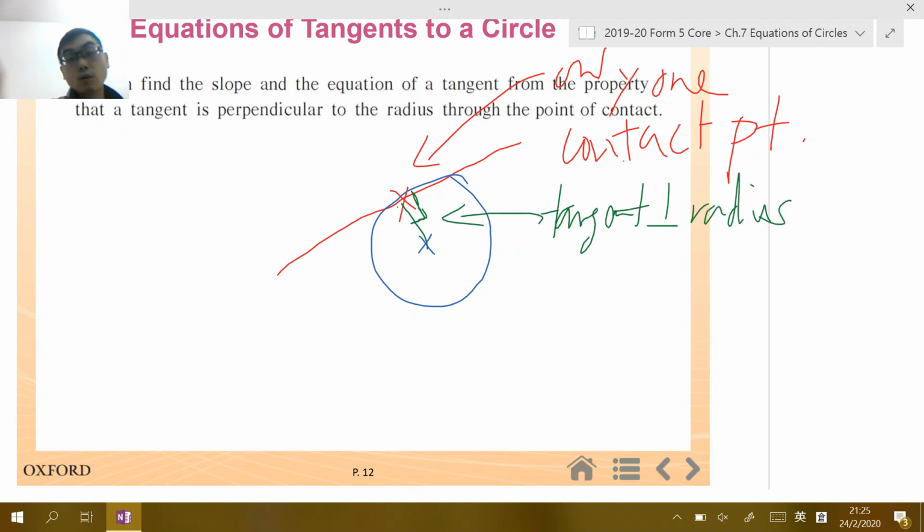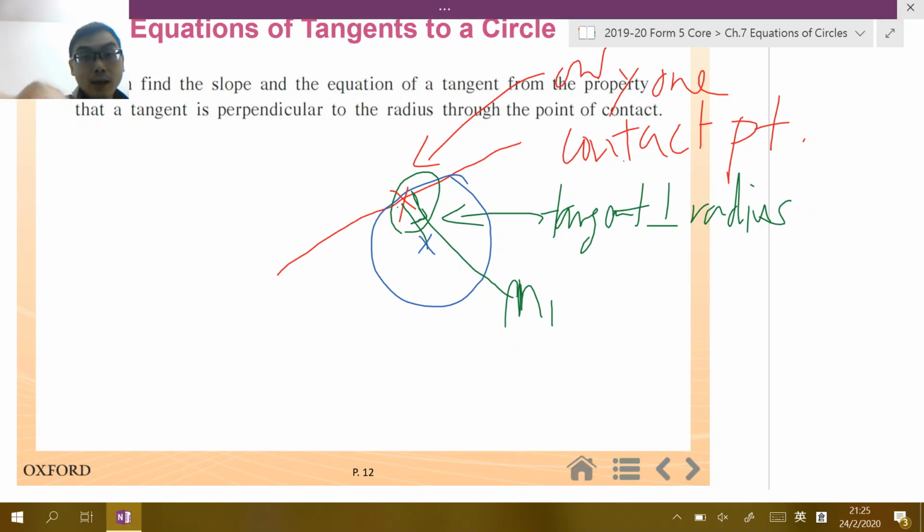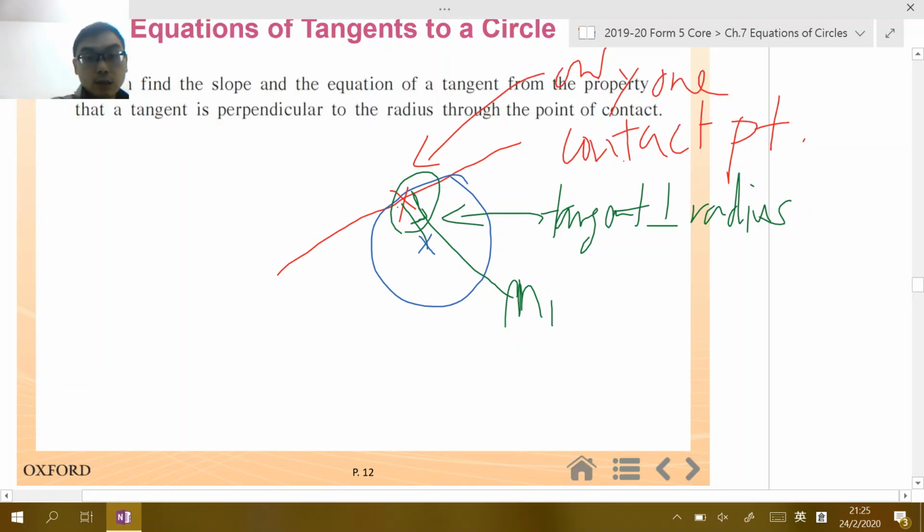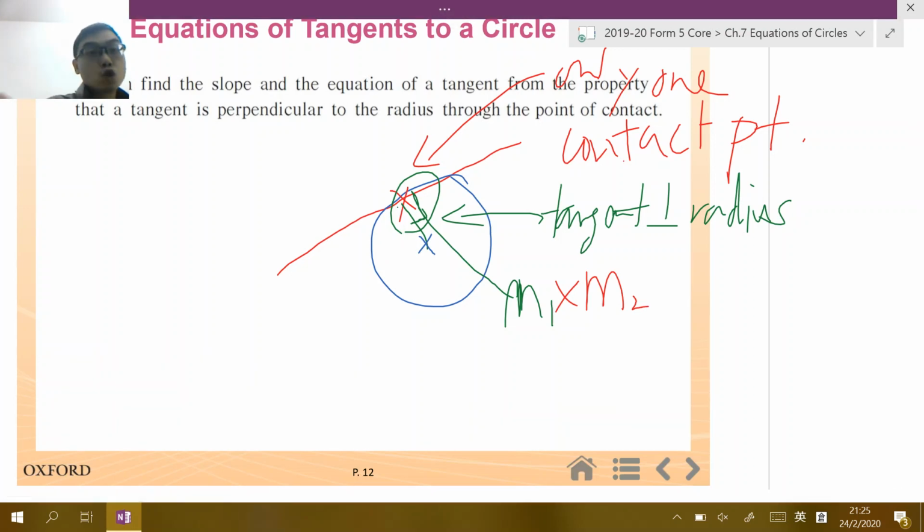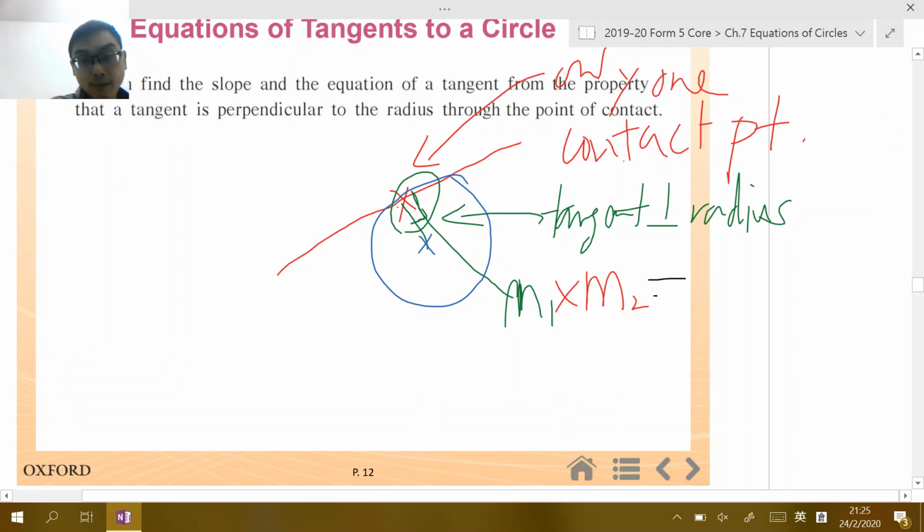This is also very helpful for us to find the equation of a tangent, because once you have a right angle, you will have the relation of the slopes of the two lines, for example, the green line's slope with the tangent slope equals -1, which is one important property for perpendicular lines and slopes.